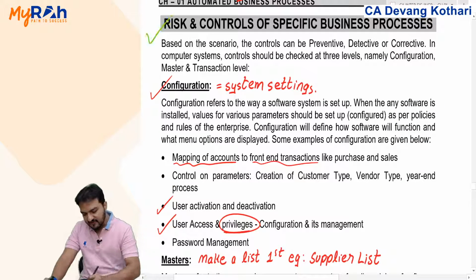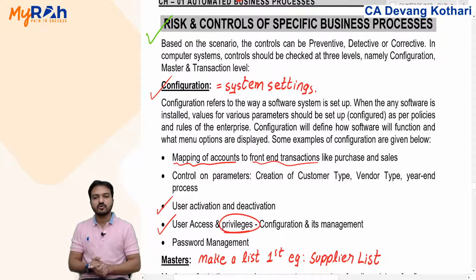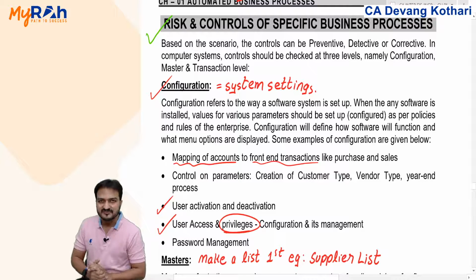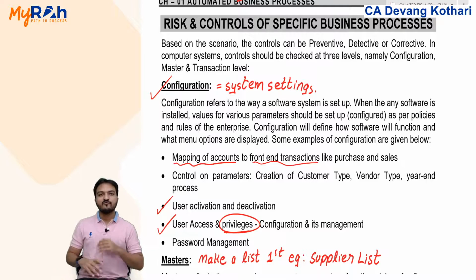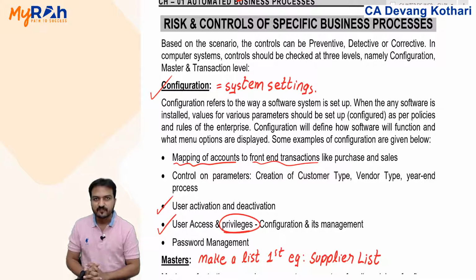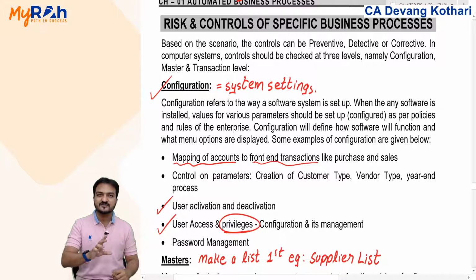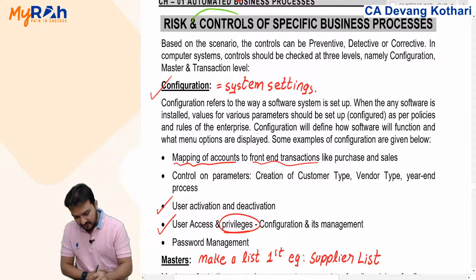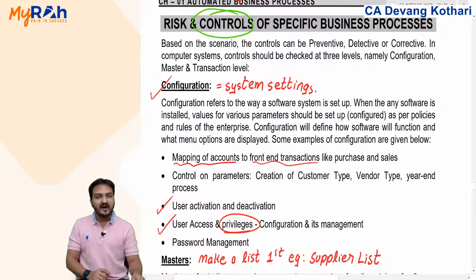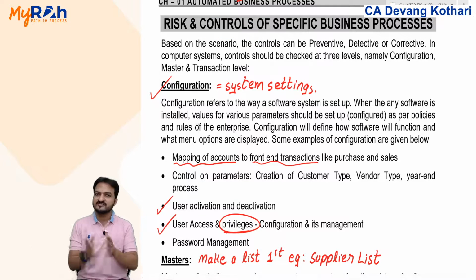Next, we had discussion regarding risk and controls of specific business processes. Risk and controls in a specific business process. We learnt what is a business process. Now, under this topic, you have a long list of examples of risks in various business processes. As such, the heading says risk and controls. But remember, I had talked about how to design the controls.